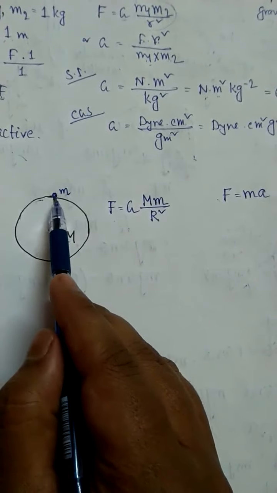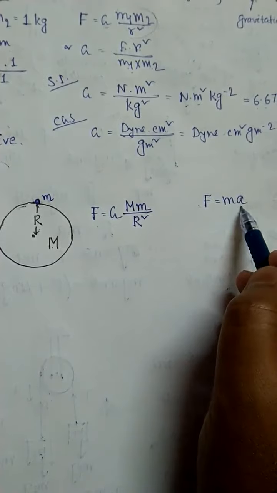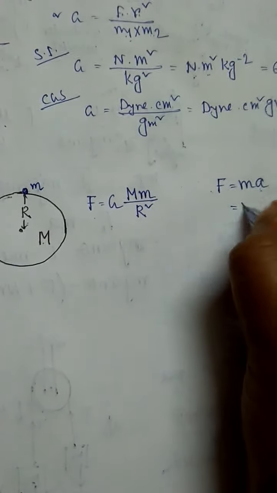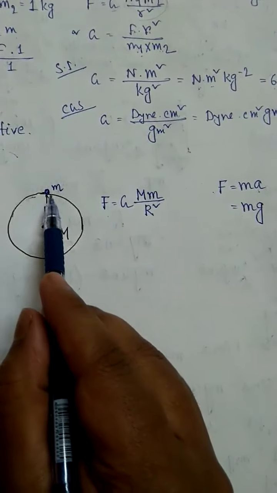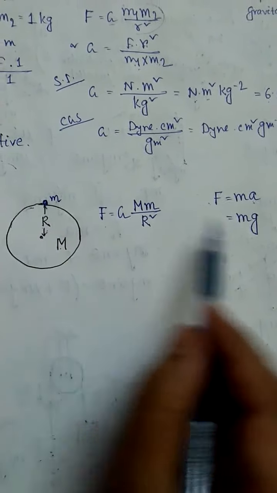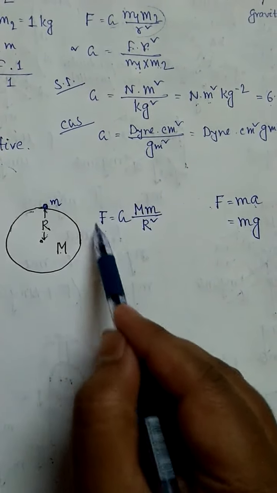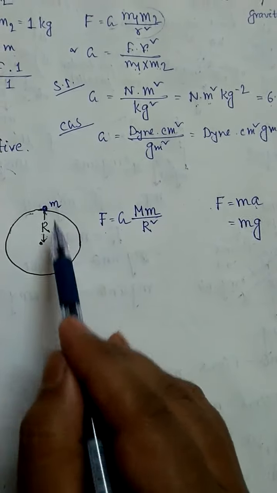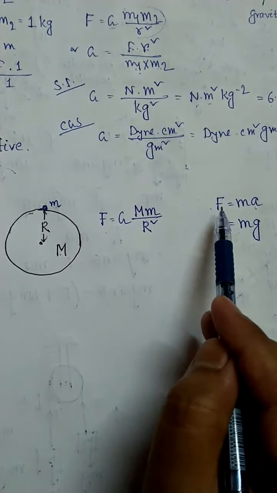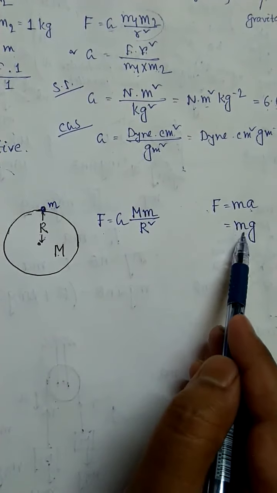As here the force is gravity, instead of acceleration we shall take g, because the force by which Earth is pulling this object is its weight, mg, and that weight is equal to this force. So instead of this F we can use mg.